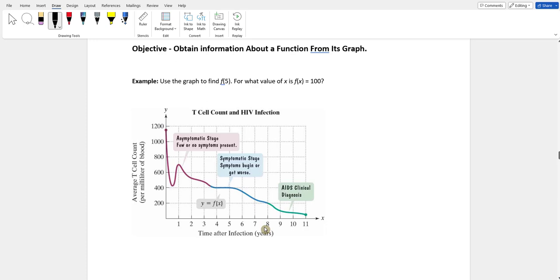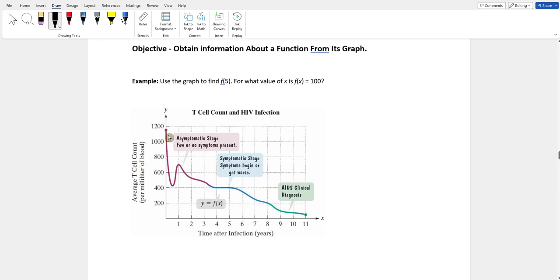Okay, so as you can see on this graph, we have the time after infection of you getting HIV, and then your average T cell count. So let's say you're not infected with HIV. Your T cell count on average should be close to 1,200 per milliliter of blood.